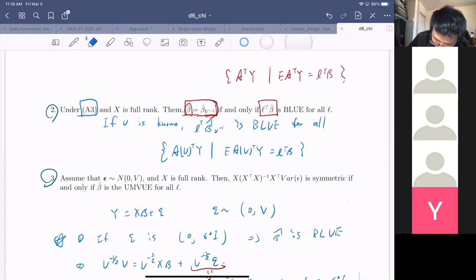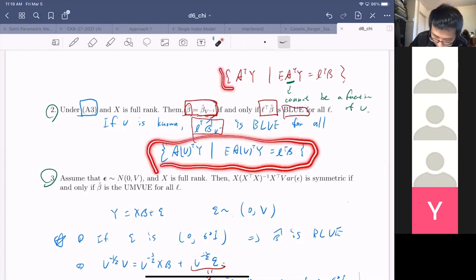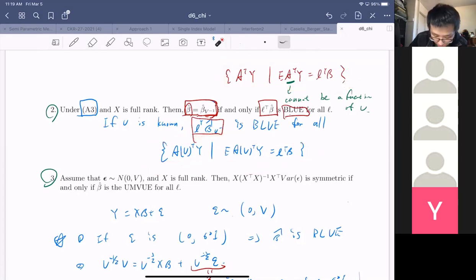So A cannot be a function of V. So what I want to say is, when we say this is BLUE and this is BLUE, we consider different candidate sets.